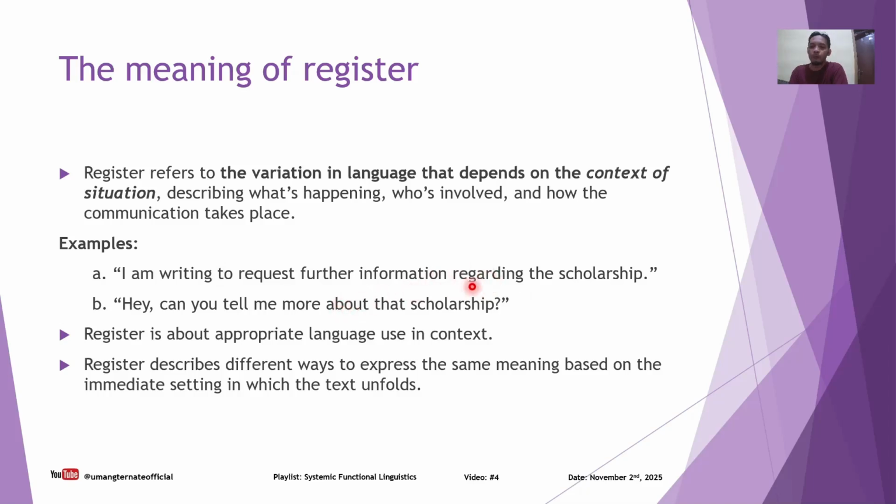Instead of using about, he or she uses regarding. Compared to example B, there are informal words like, hey, can you tell me about that scholarships, like that. So we can also identify that example B may represent the interaction between equal persons, like me and my friend, and so on and so forth.